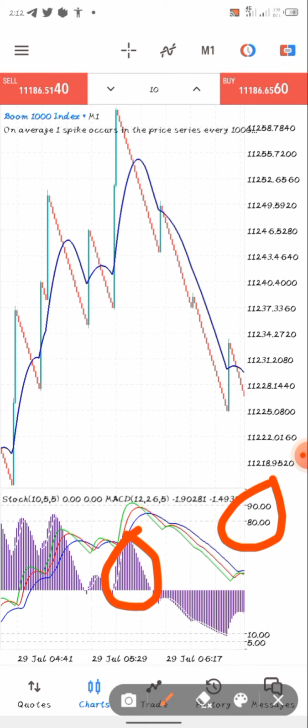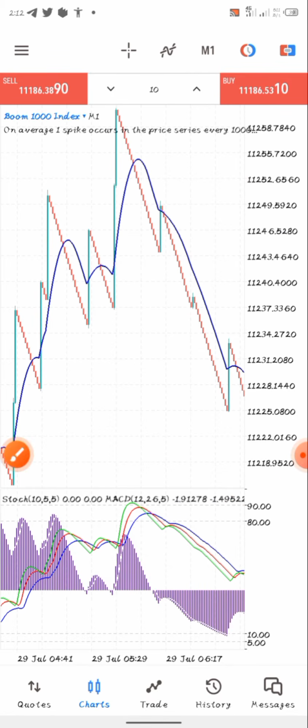You have to see your stochastic oscillator at the top and increasing in volume. So that is when you are going to take your trade, and you catch 10 to 20 candles, and then you are out of the market.